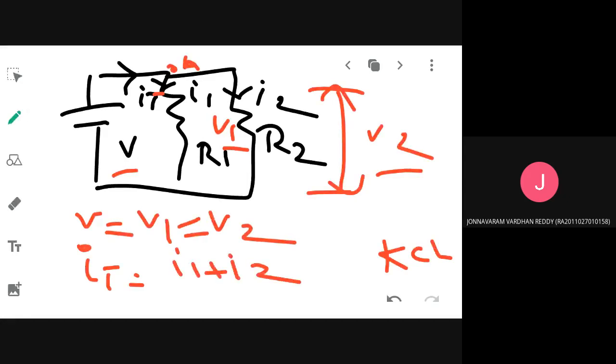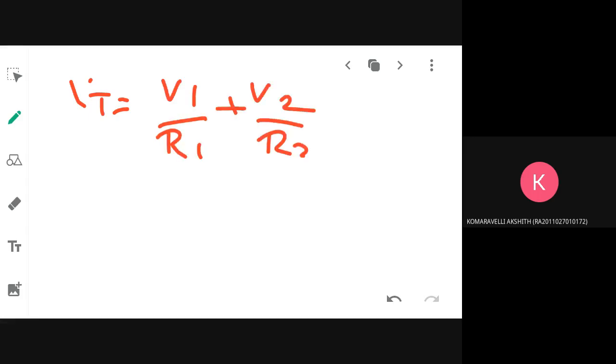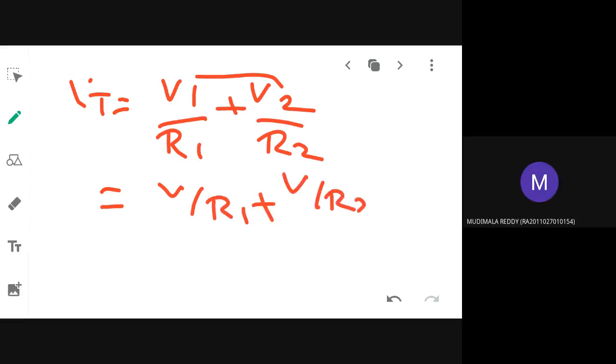Now I will use Ohm's law and substitute for I1, I2. So IT will be equivalent to V1 divided by R1 plus V2 divided by R2, but these values are the same. So I can substitute V divided by R1 plus V divided by R2.